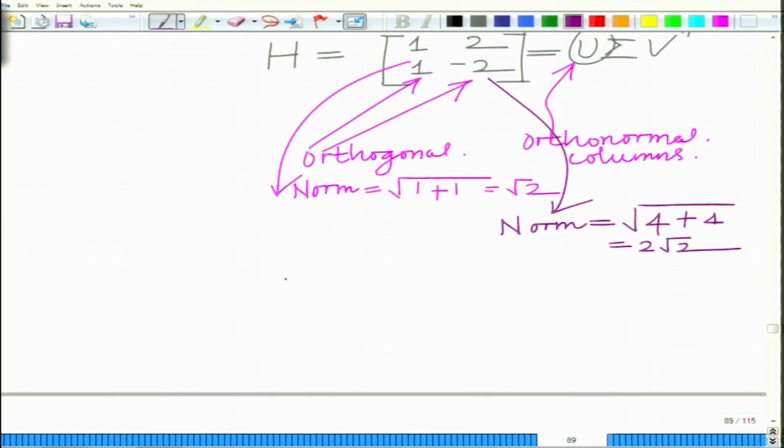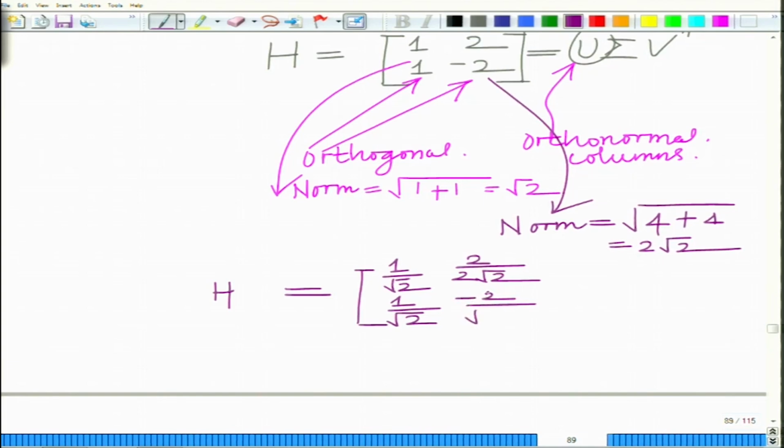So the corresponding orthonormal columns will be, so I can write H as 1 divided by square root of 2, 1 divided by square root of 2, 2 divided by 2 square root of 2, minus 2 divided by 2 square root of 2.